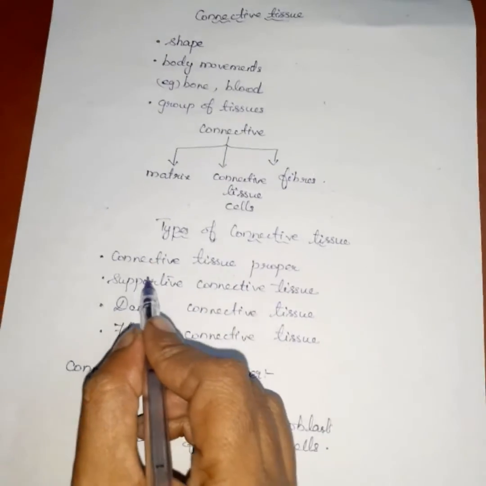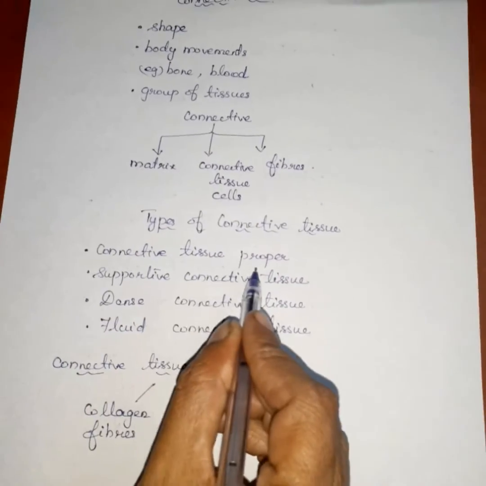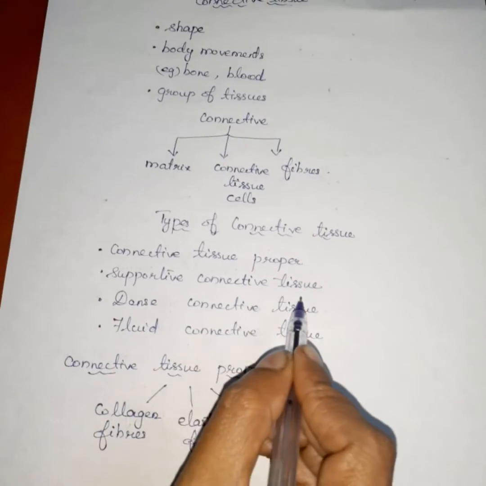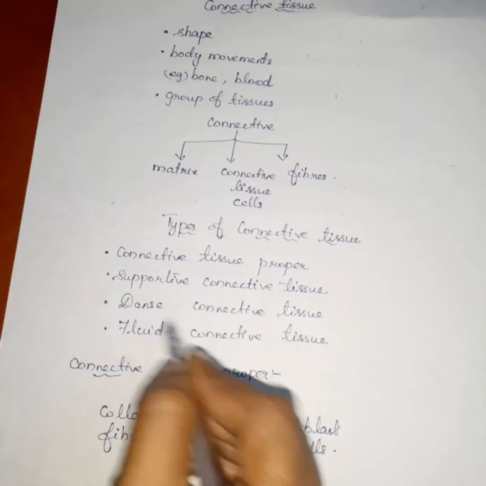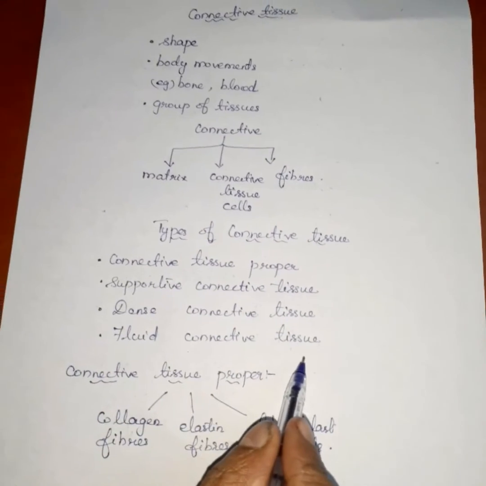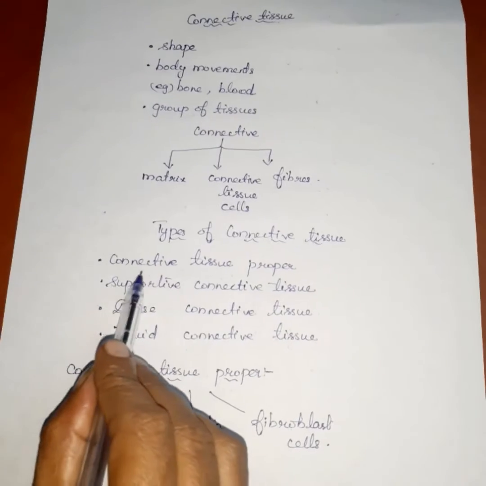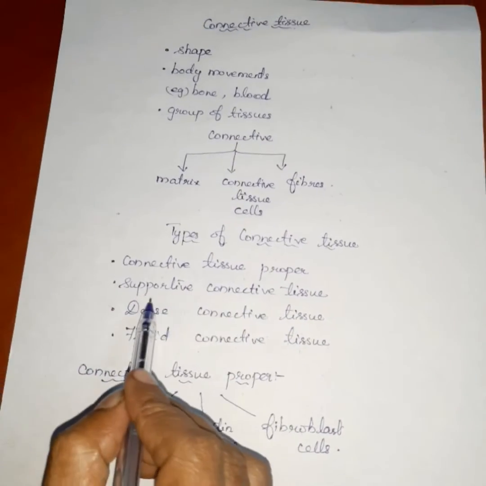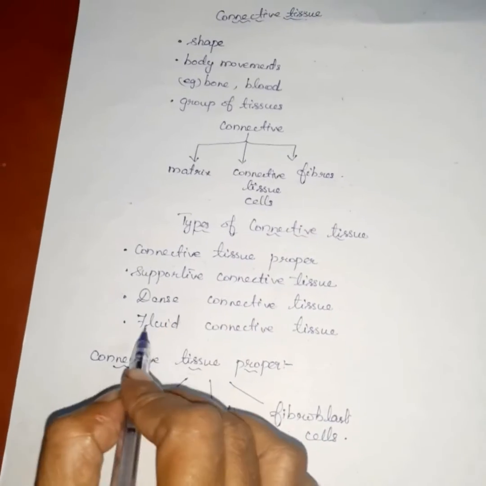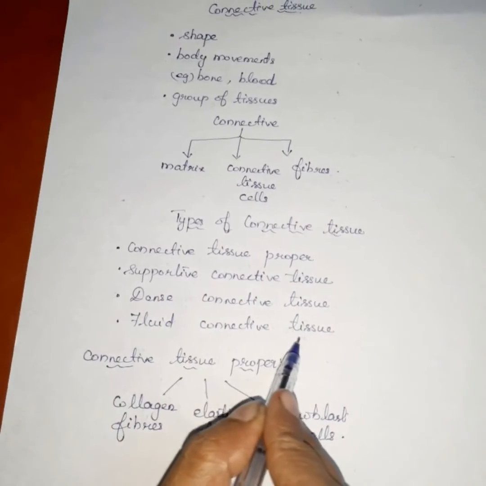The first one is connective tissue proper, second is supportive connective tissue, third is dense connective tissue, and next is fluid connective tissue.